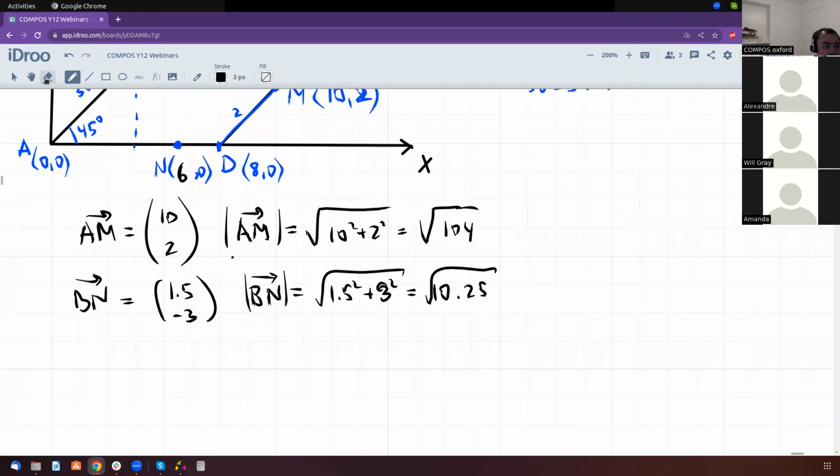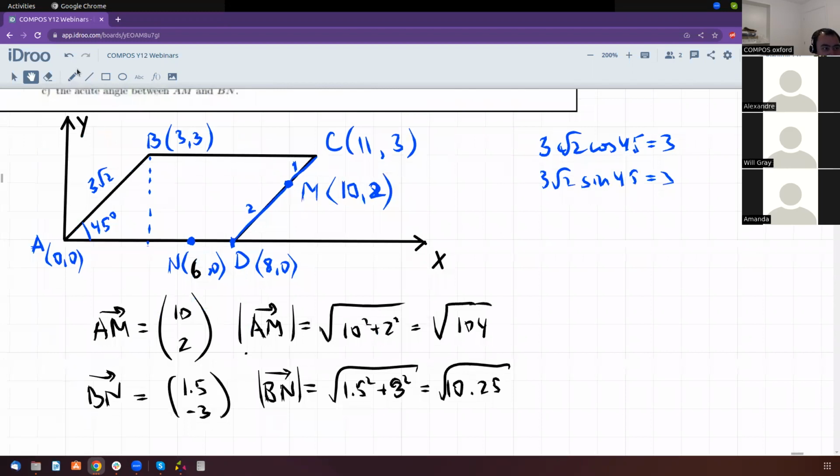So that's going to be 3. And that's going to be 3 squared. So that's going to be 3 square root of 2.